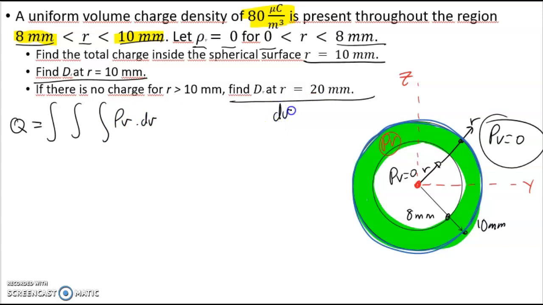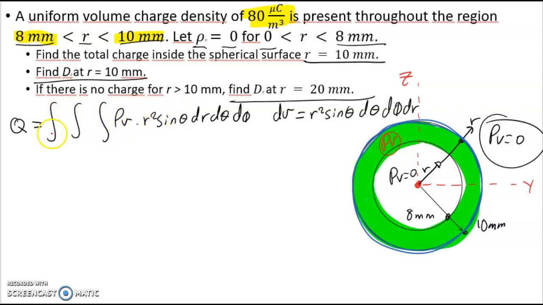Remember, dv for spheric geometry is radius squared, sine of theta, d radius, d theta, d phi. So we just replace this value here.